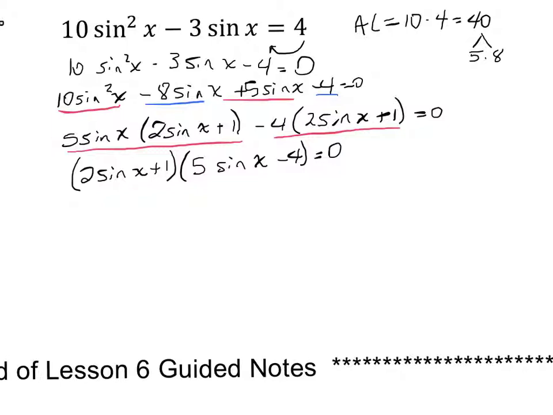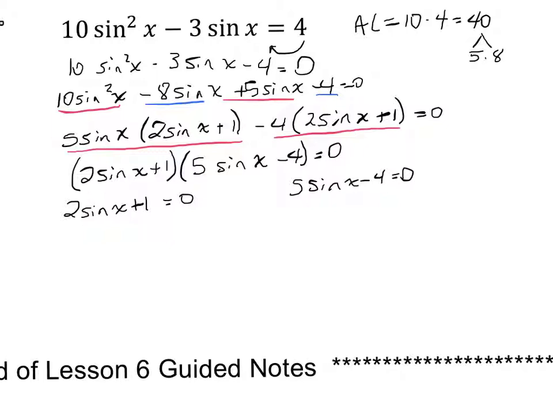Okay, so what we can do now is we can take 2 sine x plus 1 and set it equal to 0, and we can take 5 sine x minus 4 and set it equal to 0.